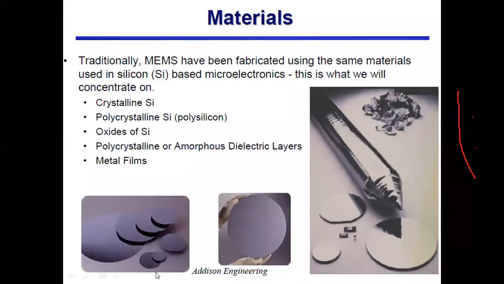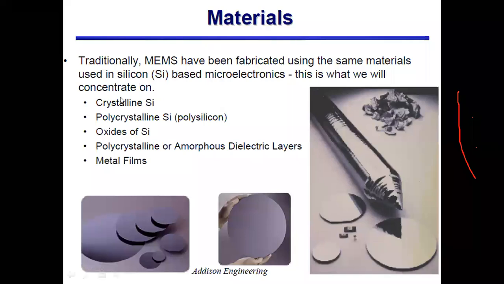Here on the slide, you also see the silicon wafer. Here you see silicon wafers of different diameters. The silicon wafers are available in different diameters and in different thicknesses. So depending upon the user or inventor or scientists or researchers, normally they have to buy silicon wafers according to their requirement.